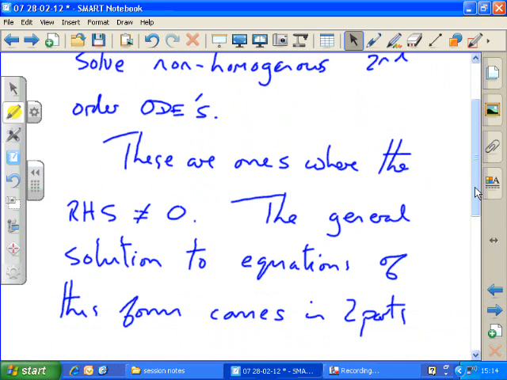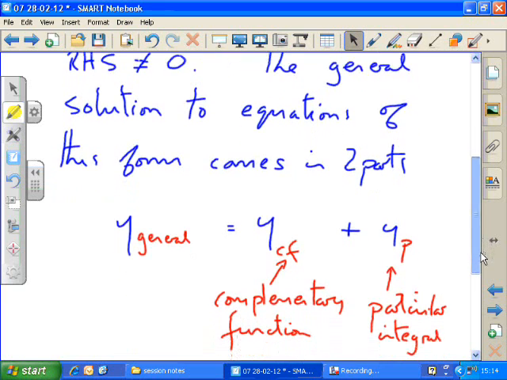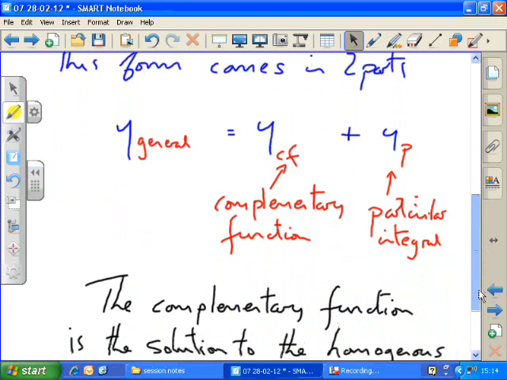So as I say here, non-homogeneous second-order differential equations are ones where the right-hand side is not equal to 0. The general solution to equations of this form comes in two parts.